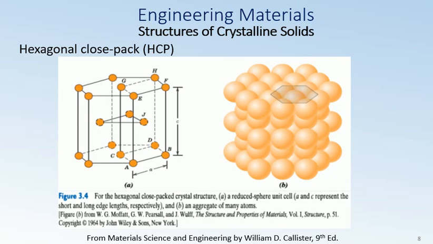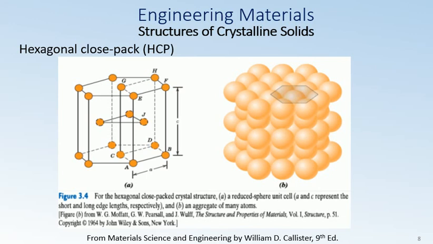In this hexagonal close pack, we have top and bottom faces of the unit cell that consist of 6 atoms and one single atom in the center.